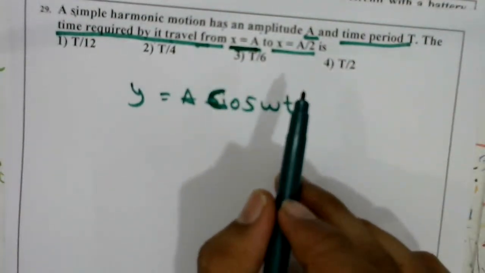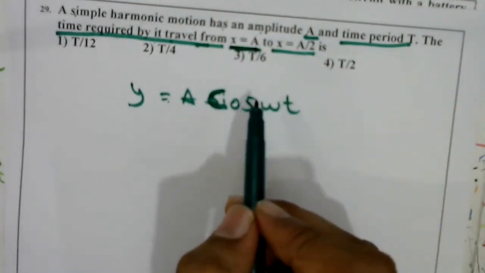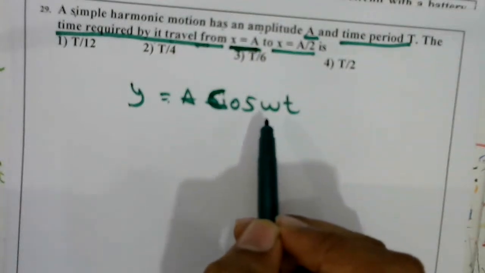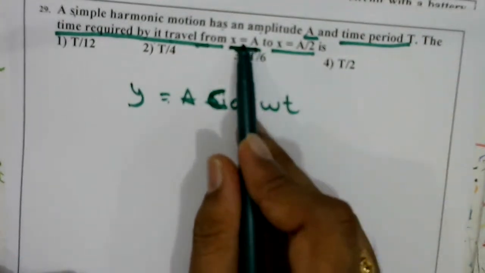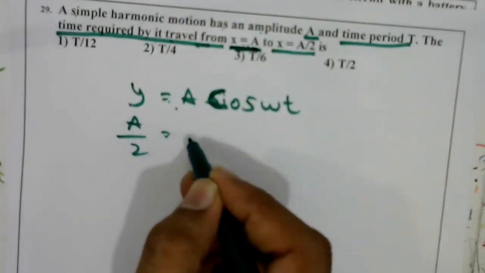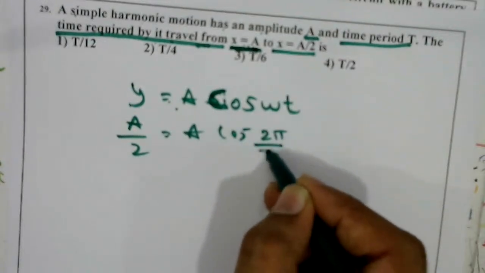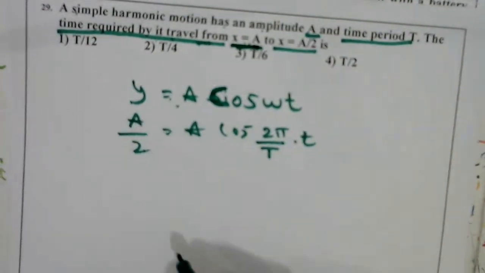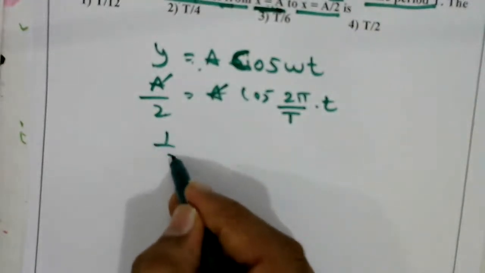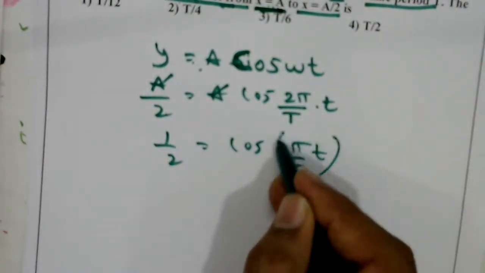Remember, you take y is equal to A sin omega t if the particle starts from the mean position; for a particle starting from the extreme position, it is A cos omega t. Here it is A by 2, so A by 2 equals A cos omega t, where omega can be written as 2 pi by T, into t. A gets cancelled, so 1 by 2 equals cos of 2 pi by T into t.